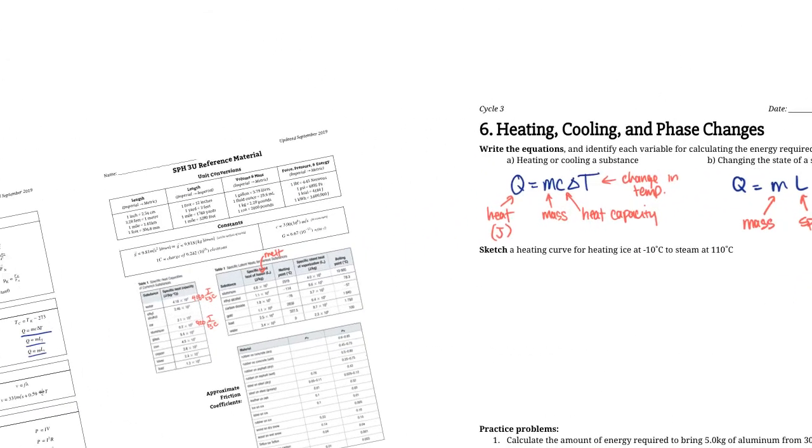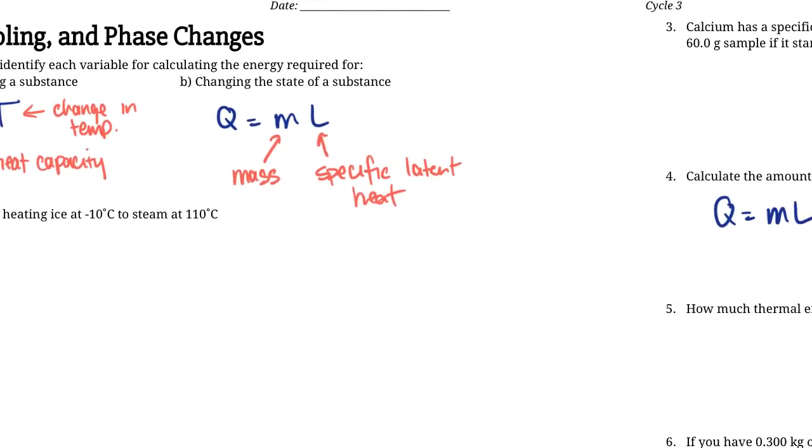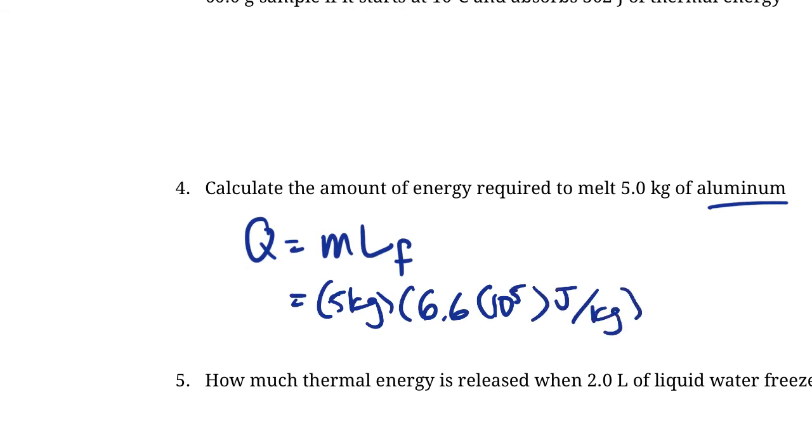Let's go over here to our latent heats of fusion of aluminum. So we know that's 6.6 times 10 to the 5 joules per kilogram. Got to remember that. So 5 kilograms times 6.6 times 10 to the 5 joules per kilogram.